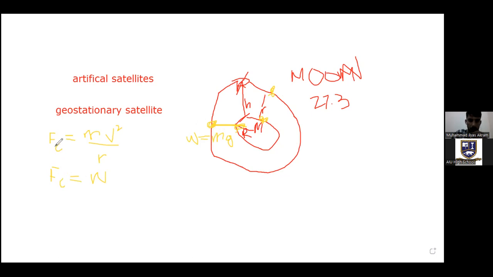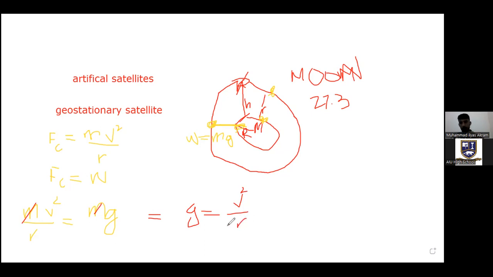So we can put both of these with an equal sign, that is m v square over r equal to m g. So this m will be cancelled out by this mass, and the formula will be equal to g equals v square over r.